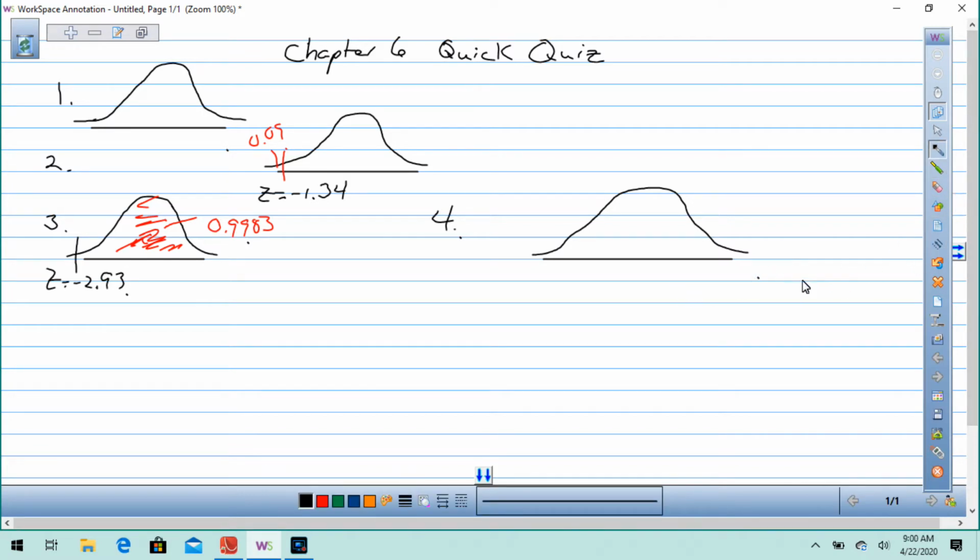Z equals negative 0.87 to 1.78. Z equals 1.78. And I'm looking for the area in here. I'm looking for this area here.